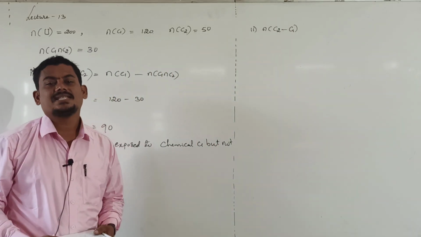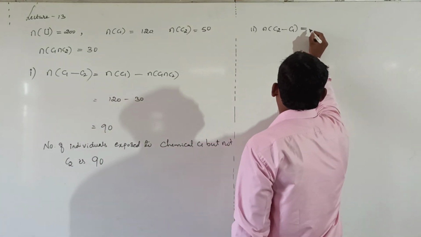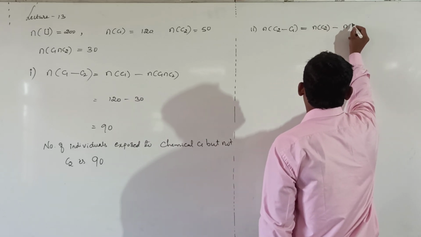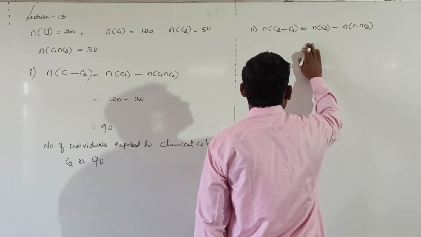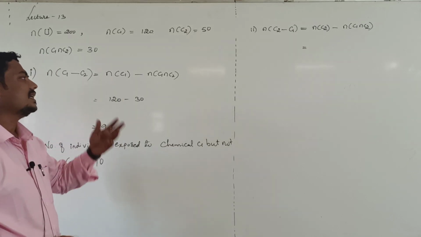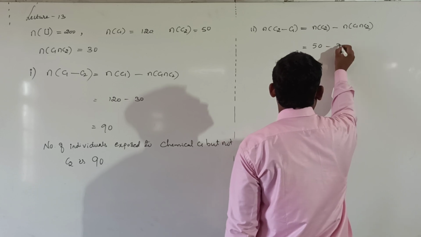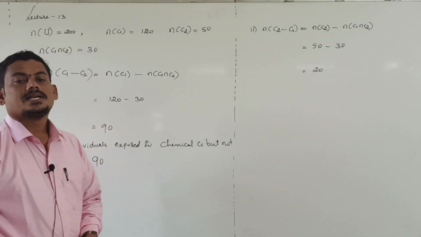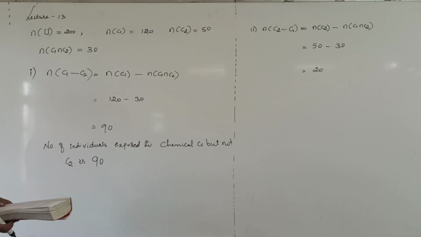C2 minus C1, that is B but not A, that's equal to the formula: number of elements in C2 minus common elements, number of elements in C1 intersection C2. n of C2 they have given is 50, minus the intersection they have given, 30, that's equal to 20. Means 20 individuals exposed to chemical 2 but not chemical 1.